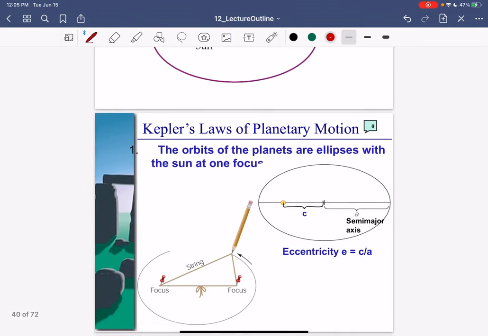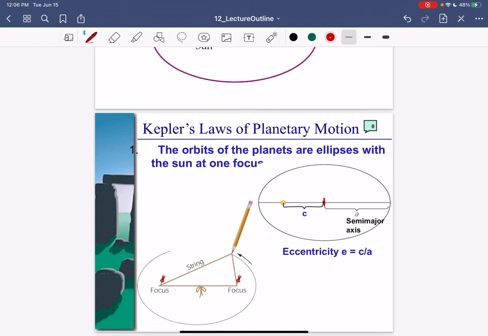It has two foci, and the sun is sitting at one of them. If we find the center of that ellipse, then A here is the semi-major axis, and C here is the semi-minor axis.